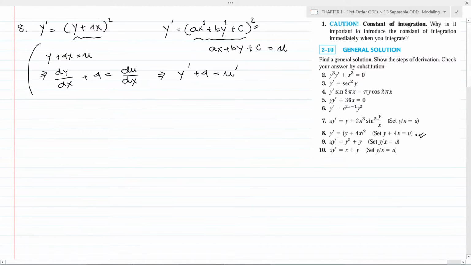Take this differential equation and write it as y prime is equal to u prime minus 4, and y plus 4x we can write as u. So we write this as u square.